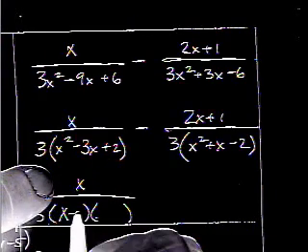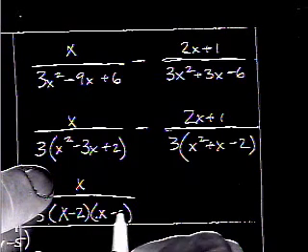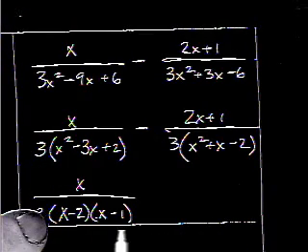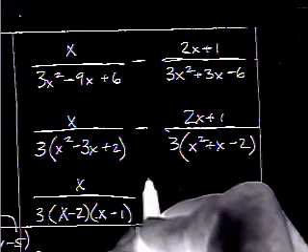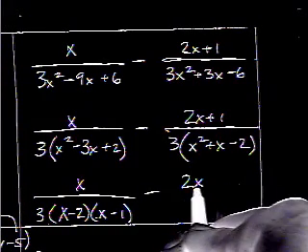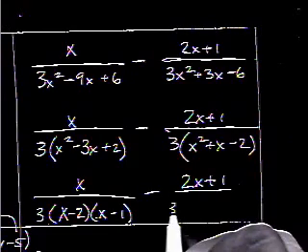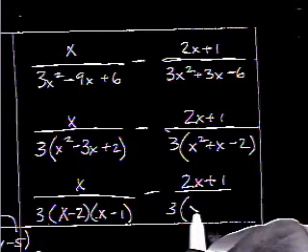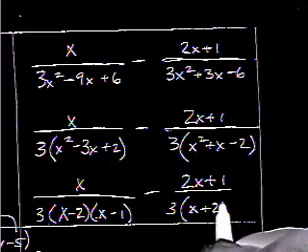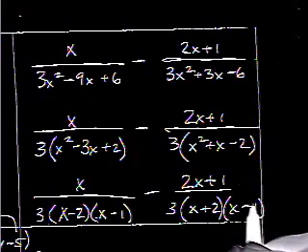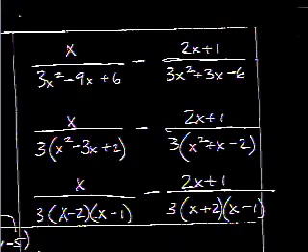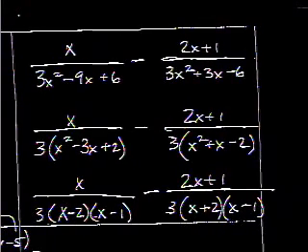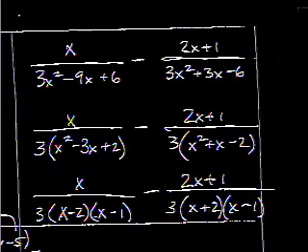Okay, that should be pretty easy, right? Minus 2 and minus 1. They multiply together to give me positive 2, but they add up to negative 3. Then over here I've got 3 and x plus 2 and x minus 1. Their product would be negative 2, but their sum would be positive 1. Okay.